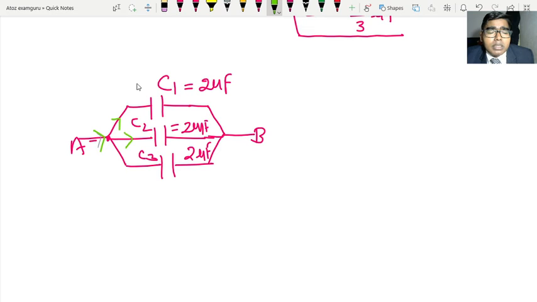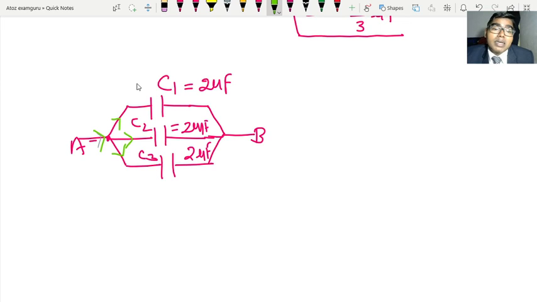There are three paths, right? The path which passes through C1, the path which passes through C2, and the path which passes through C3. It means that there are three possible paths for the charge that is entering from the node A. It means simply that all these three capacitances are connected in parallel.